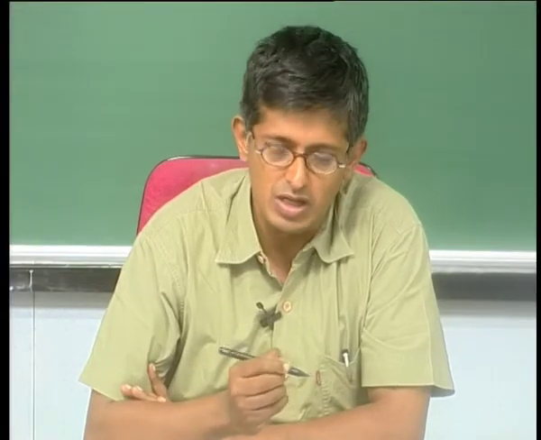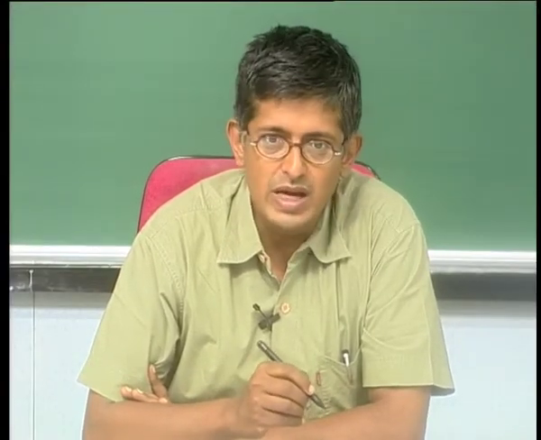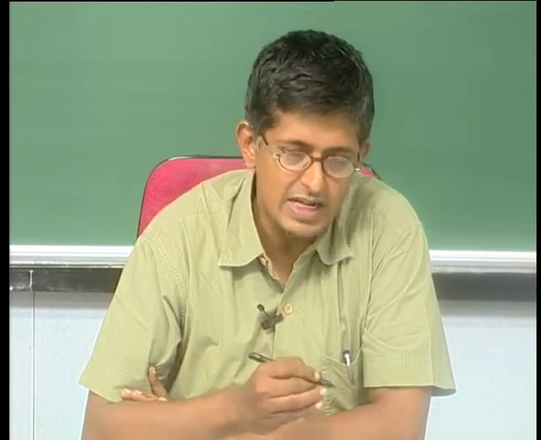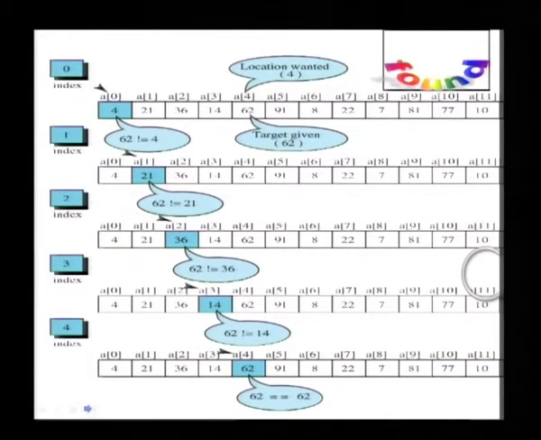This is very important to understand why this is called linear search. The array indices are searched in a linear fashion. You start off with 0, then 1, then 2 and 3, and so on and so forth.